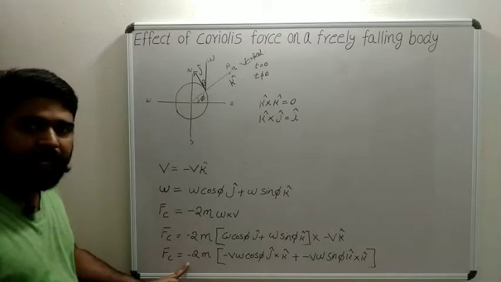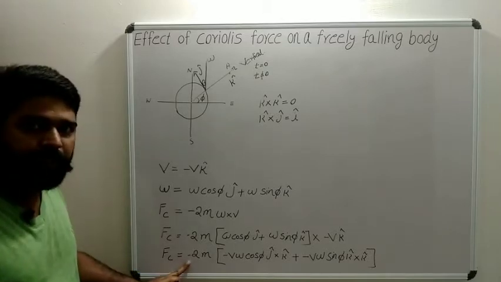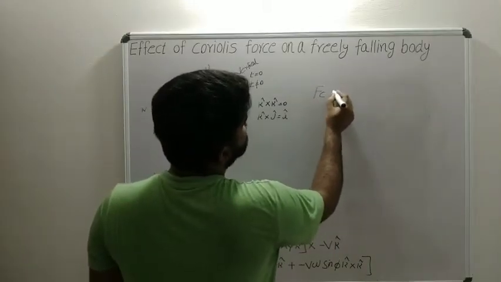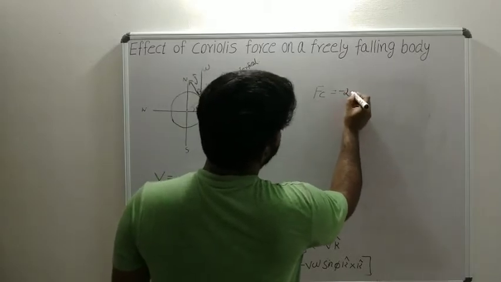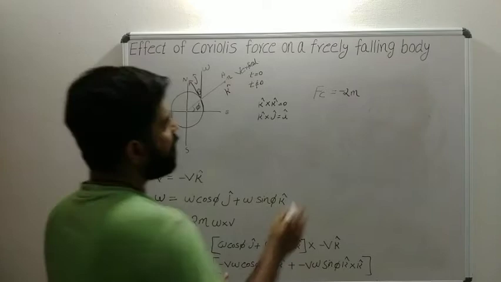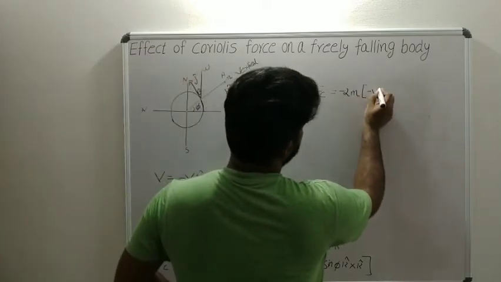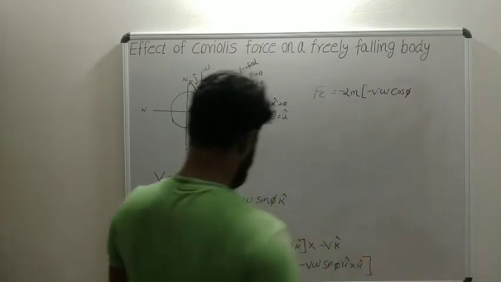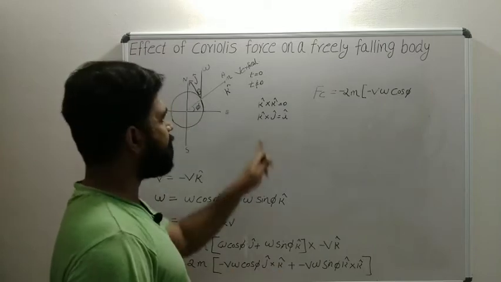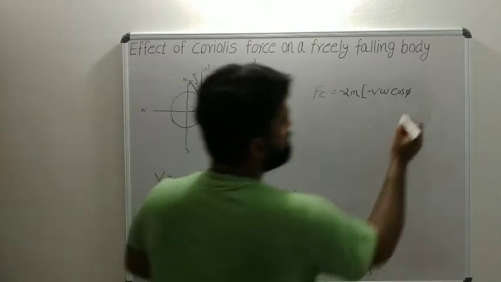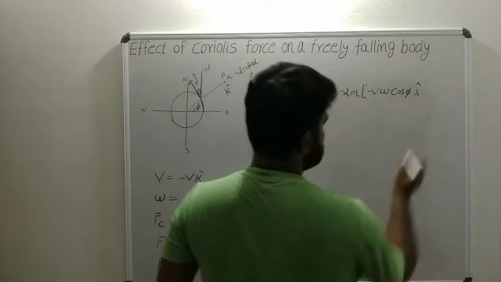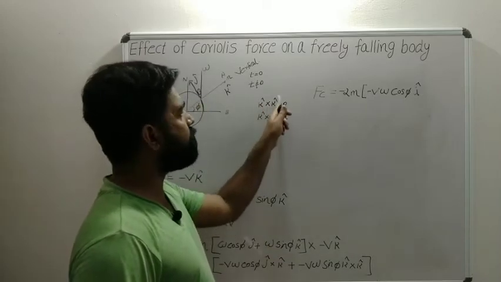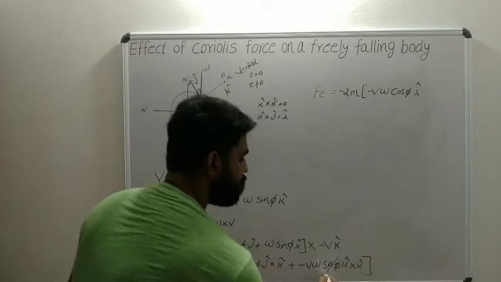Then what do we get from this equation? Fc is equal to minus 2m, minus V omega cos phi, j cross k, what is i cap, and here minus V omega sin phi k cap cross k cap is equal to 0. Then this term will cancel.